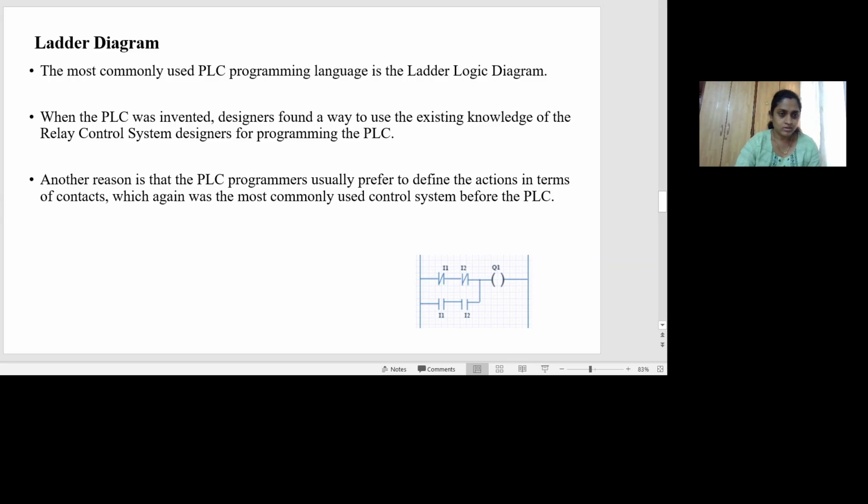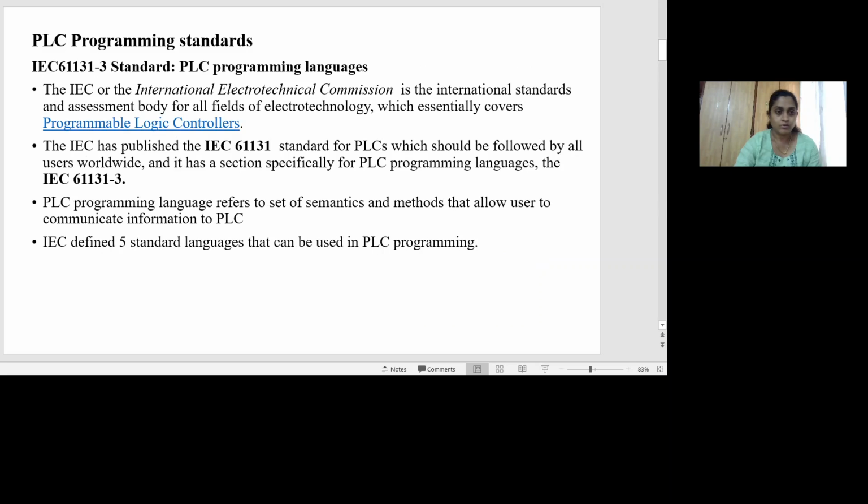So let us have a recap of what we went through from the beginning. In this session we talked about the IEC 61131 standard.